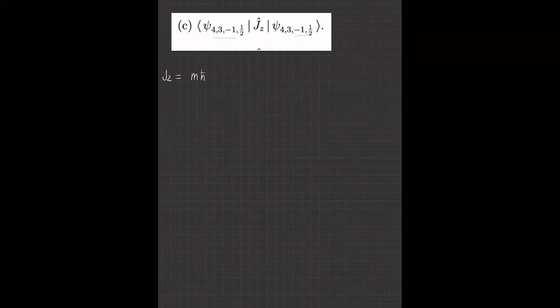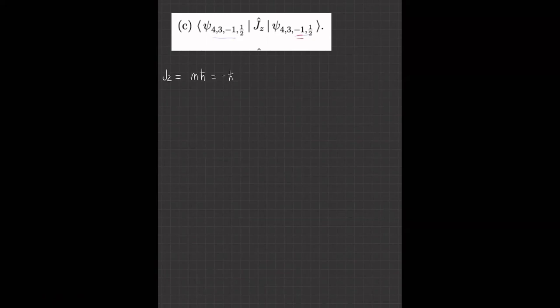It's going to be m h bar, and we found that this is equal to negative h bar, because that's what m is equal to here.